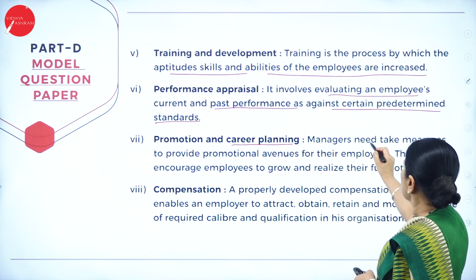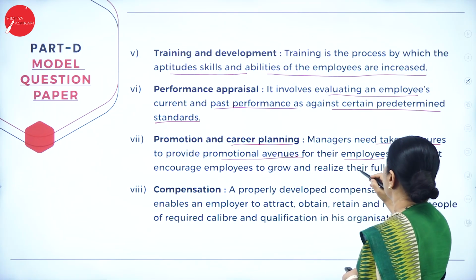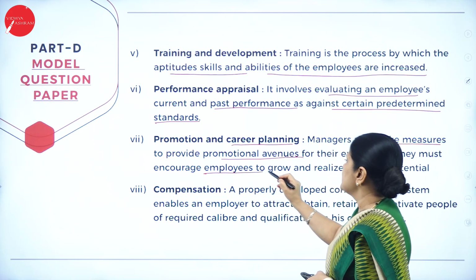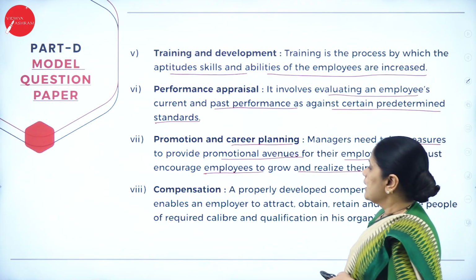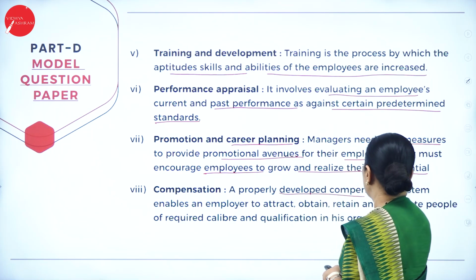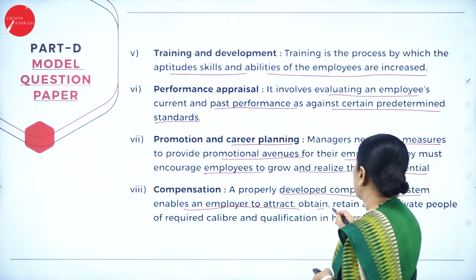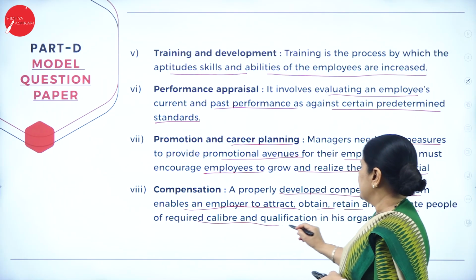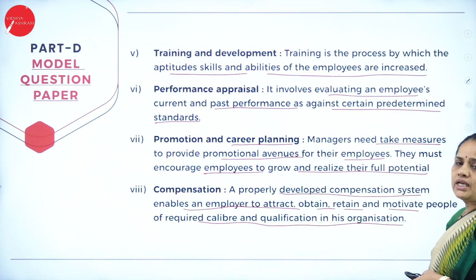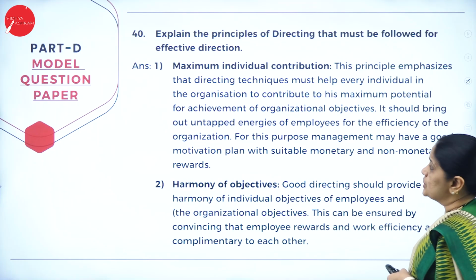So managers need to take measures to provide promotional avenues for their employees. They must encourage employees to grow and realize their full potential. Compensation. A properly developed compensation system enables an employer to attract, obtain, retain, and motivate people of required caliber and qualification in his organization.